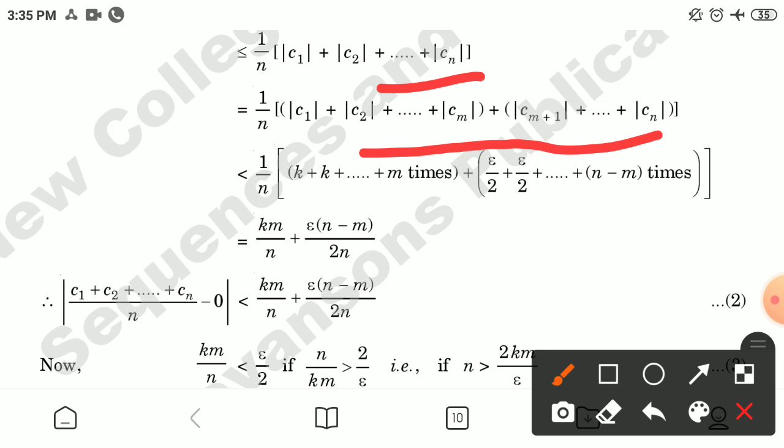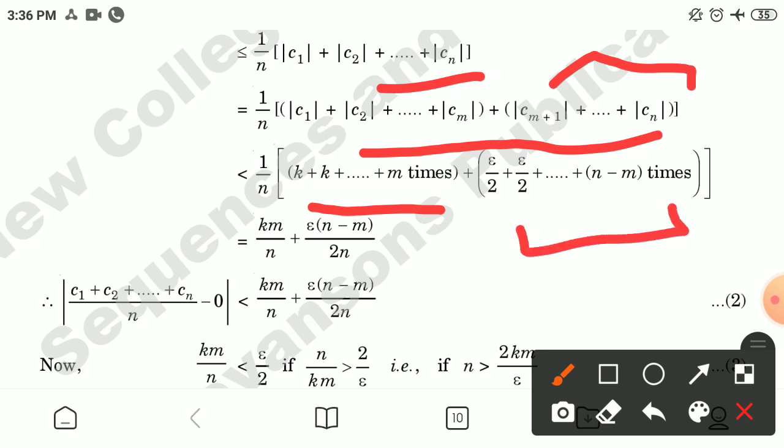That is, c1 to c_m is m terms, each less than k, and c_(m+1) to c_n is n minus m terms.